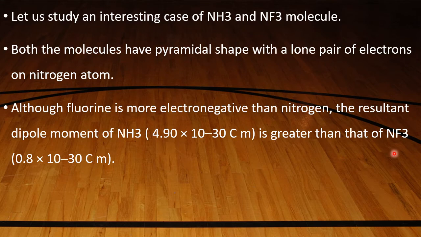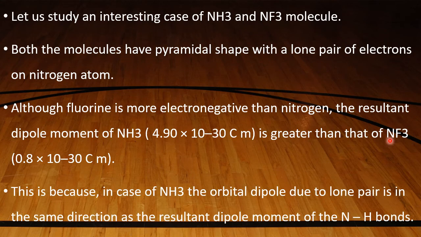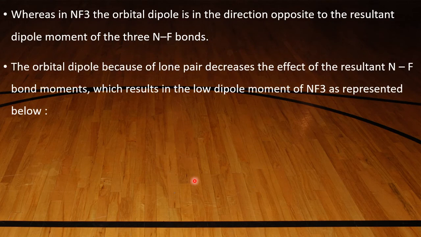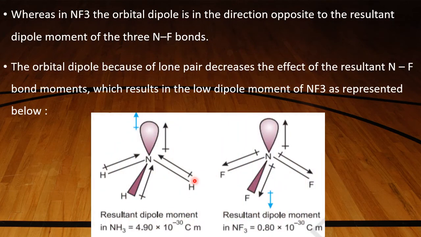Why is it a special case? Why is it interesting here? Why is it showing more dipole moment in ammonia, though fluorine is there in the compound? This is decided by the spatial arrangement, or the structure. Please see the structure of NH3 and NF3. These are the structures of NH3 and NF3.